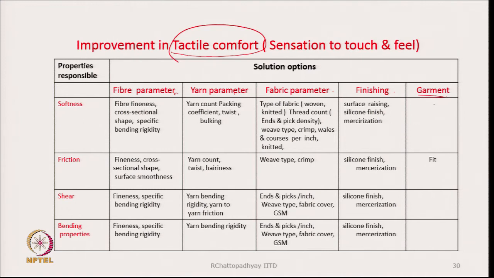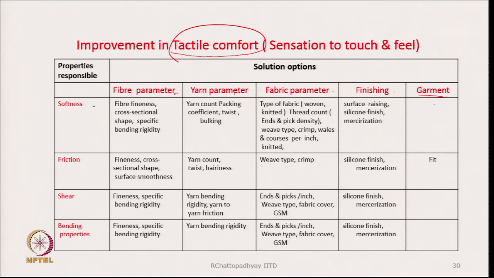He has to find out whether the tactile comfort is due to the friction part of it. That is, if the customers are not happy with the tactile comfort, then what is the reason for it? Why is it not comfortable? Is it because the fabric is not soft? Is it because there is some issue with the friction, shear or bending properties?